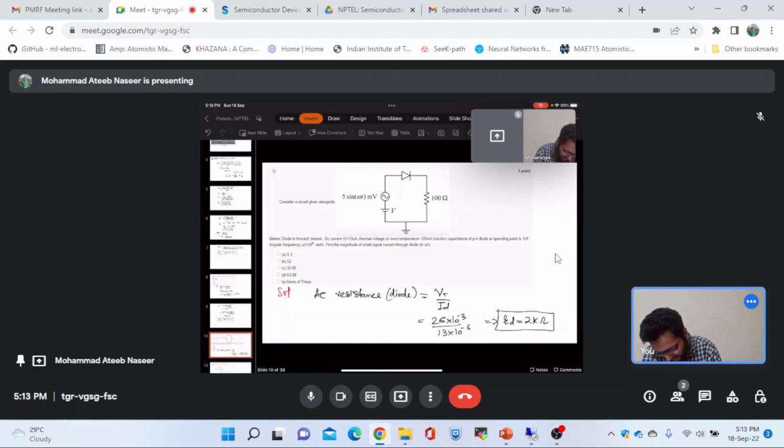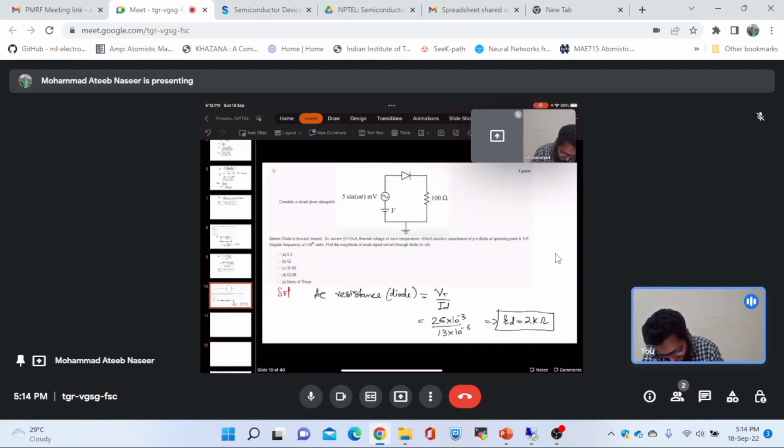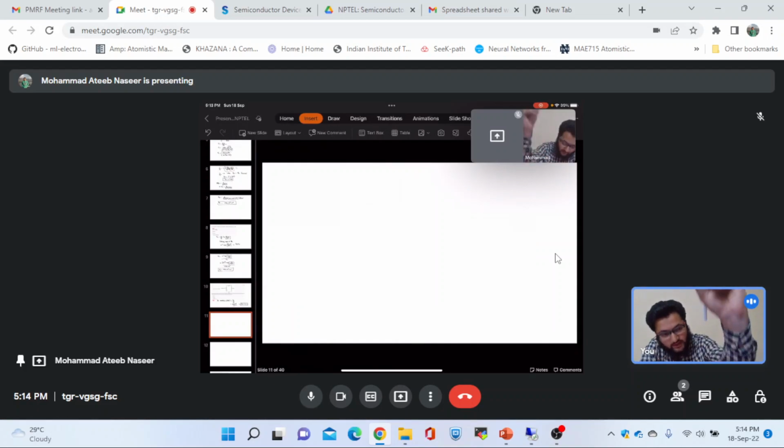So let's insert some slides. Let us draw the equivalent circuit for this diode.